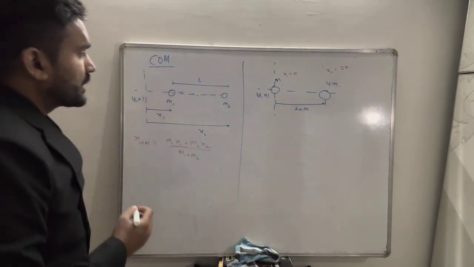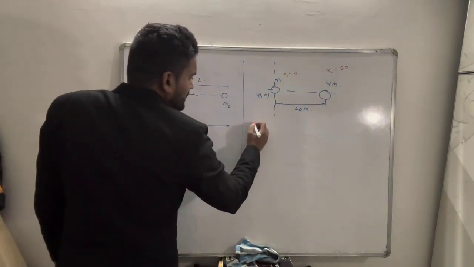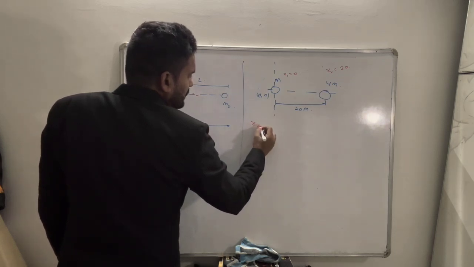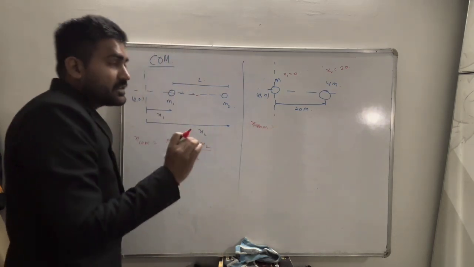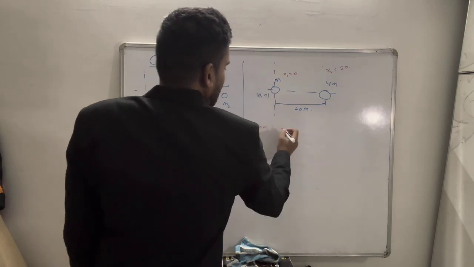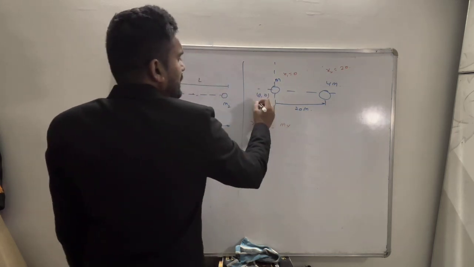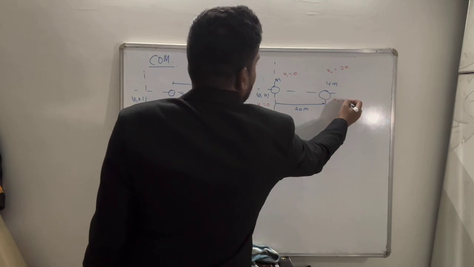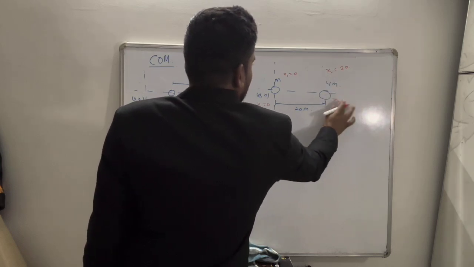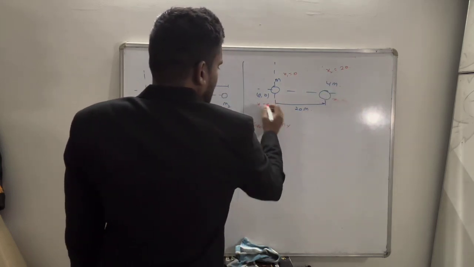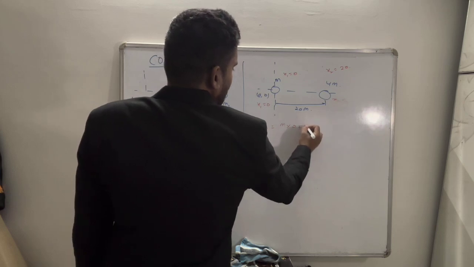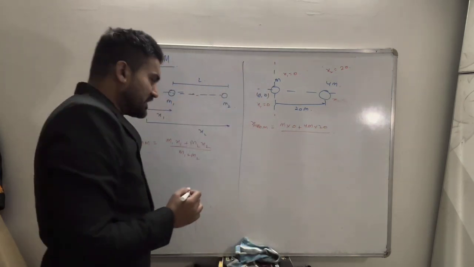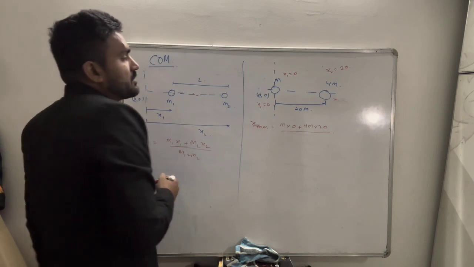So now the x center of mass is m1 x1. What is m1? m1 is m. And x1 here is 0. x2 is 20 meter, right? So m1 x1 is 0 plus m2 is 4m into 20, divided by m1 plus m2. What is m1 plus m2?